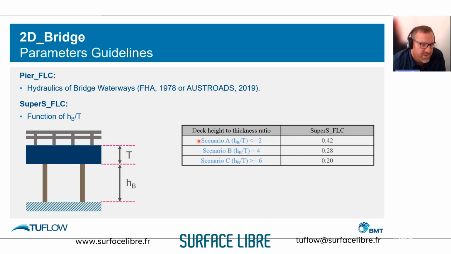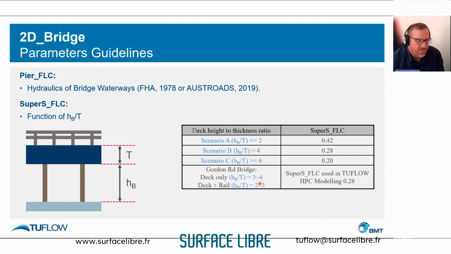So for that ratio we have some suggested form loss coefficients. In that real world example I showed just a minute ago, the Gordon Road Bridge, we looked at the ratios, depending on whether you took the deck on its own or whether you took the rails, and we used a value of 0.28, which is the same as this scenario here.